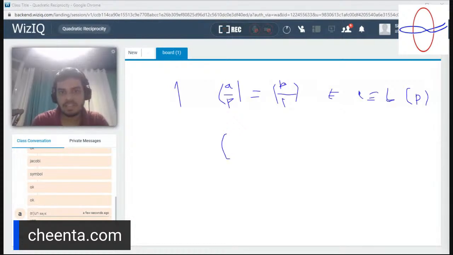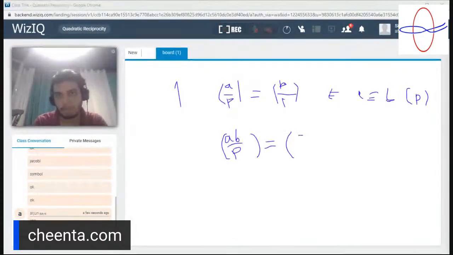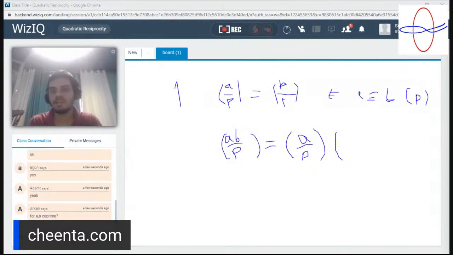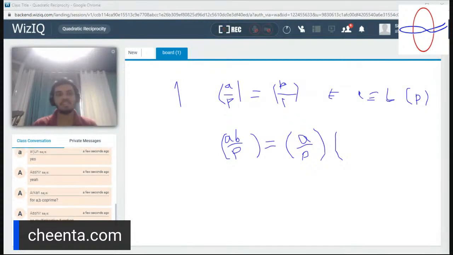One of the more useful ones is the following, which is (ab/p) is equal to (a/p) times (b/p). And this is a direct result of Euler's criterion.